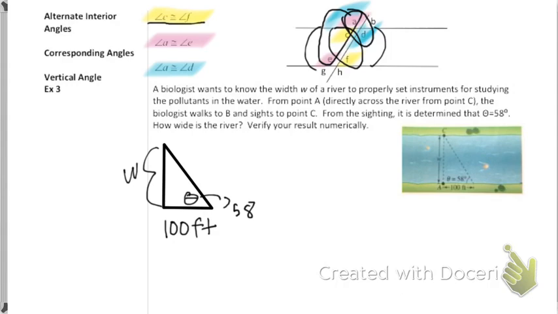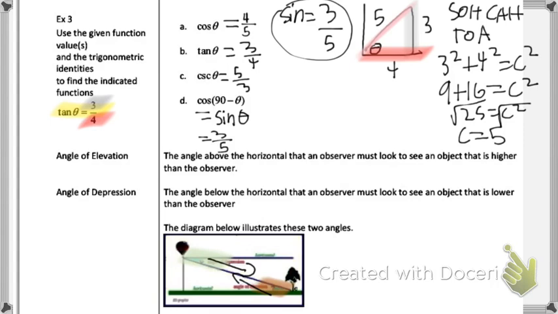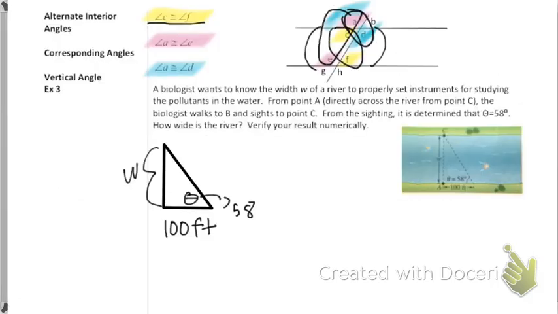Tangent of theta, from TOA, is opposite over adjacent.